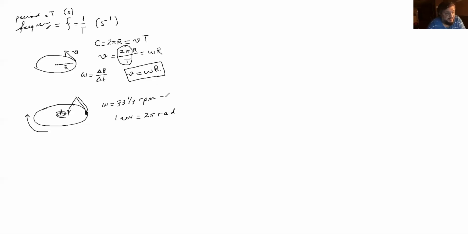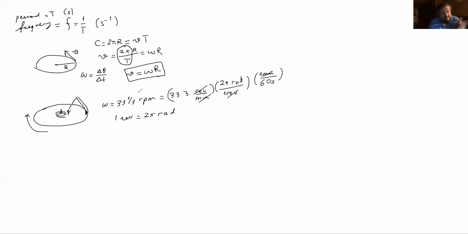You just have to multiply 33.3 revolutions per minute, where 1 revolution is 2 pi radians, and 1 minute is 60 seconds. Do the math here, and once you get rid of the revolution and the minute, it'll give you the answer in radians per second.